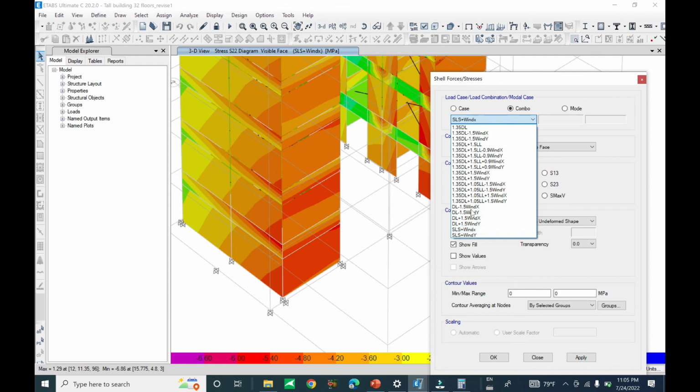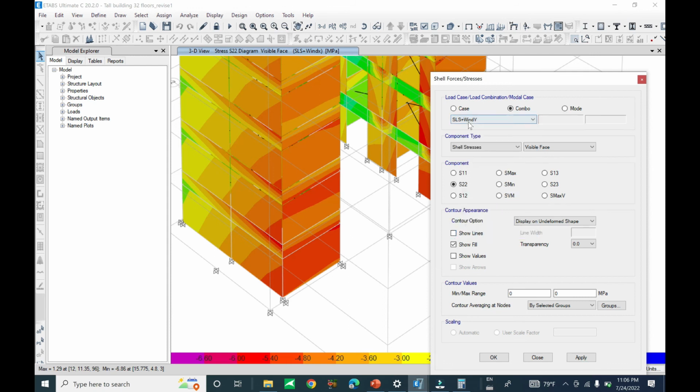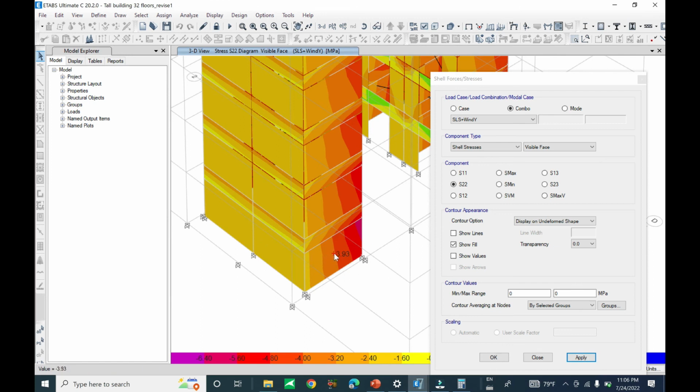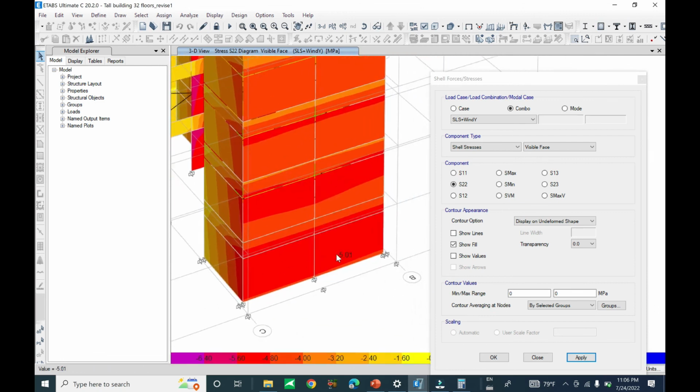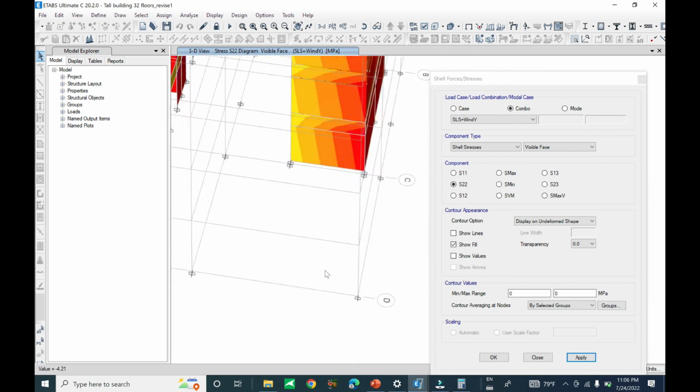Now let's check service with wind in Y direction. Okay, now let's check it. The compressive stress. Okay, compressive stress, so no tensile stress is involved.